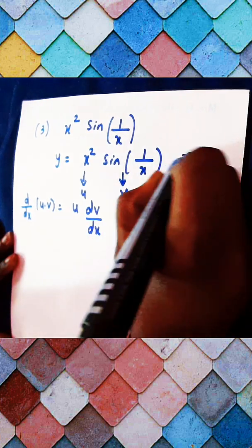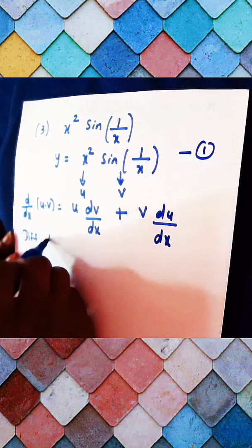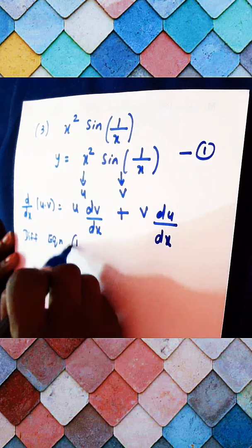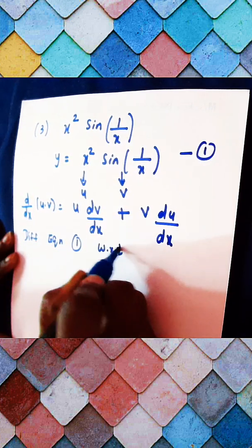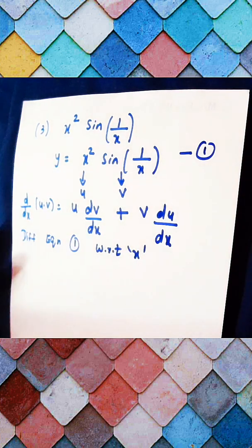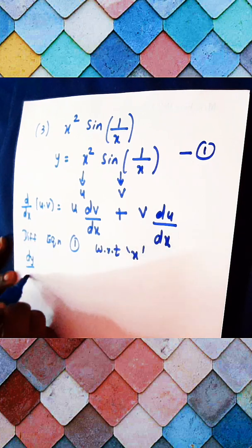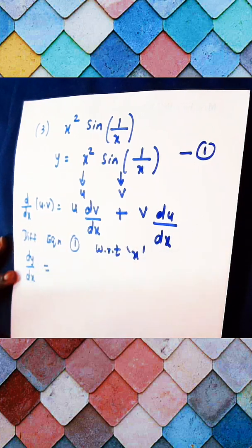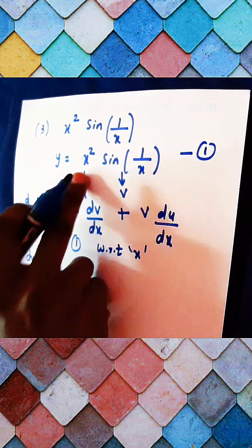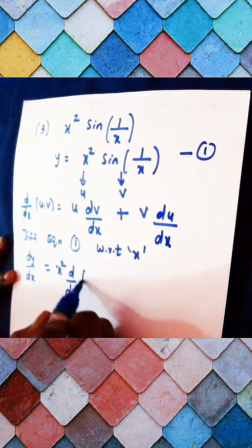We'll take this as equation 1. Differentiate equation 1 with respect to x. The differential of y with respect to x is dy by dx, which is equal to, substituting in the formula, what is u? x square. Keep it as it is. You have to differentiate v.